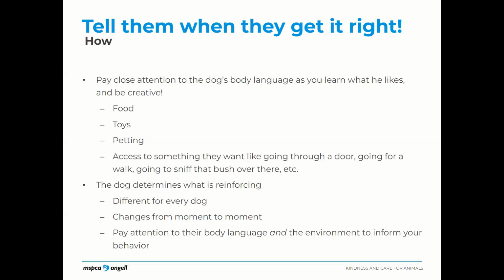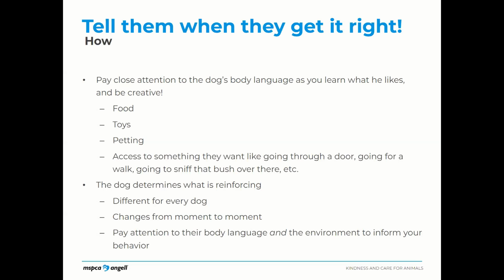So some dogs do like food. But I think we've all either met the dog or heard of a person who has the dog that is, quote, not food motivated. And that very well may be true, but food is not the only way to engage in positive reinforcement training.